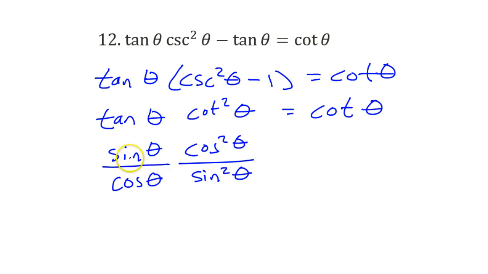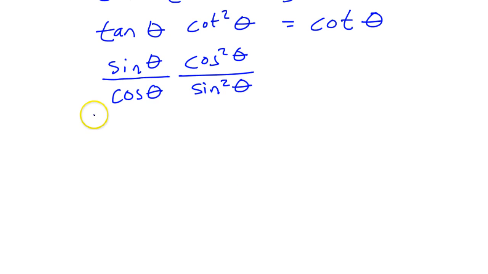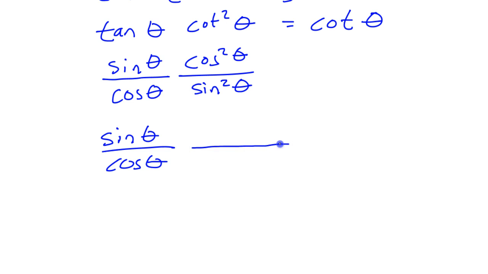All right, so one of the sines on top will cancel out one of the sines in the denominator. You know what, I'm just going to show an extra step here. So I have sine theta over cosine theta. Now this is cosine theta times cosine theta. And sine squared theta is sine theta times sine theta.